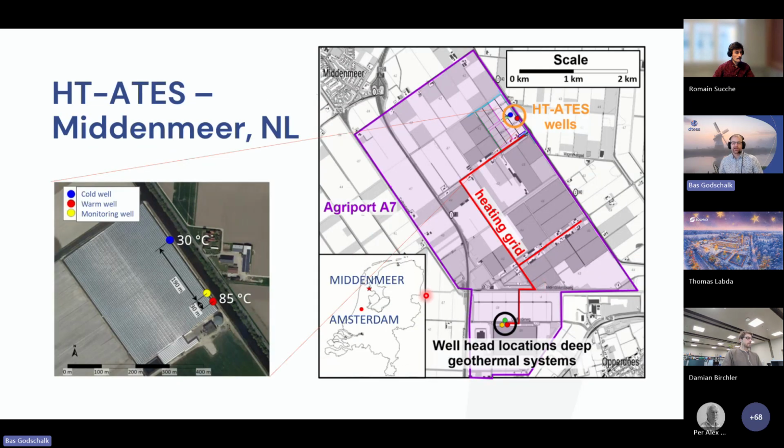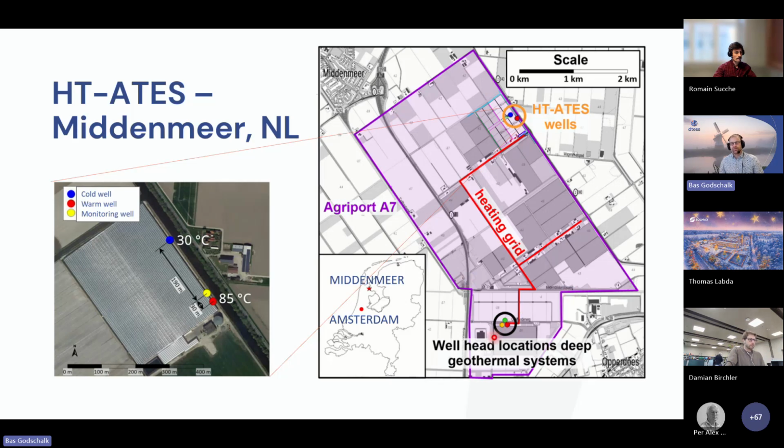Here we have the Netherlands, Amsterdam, and then Middenmeer is more to the northern part of the Netherlands, but on the west side. There is an area which is owned by a company which provides all the electricity, gas, water, everything which is needed especially for farmers, greenhouse farmers, and also a lot of data centers are present in this plot.